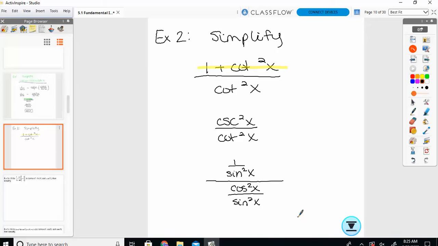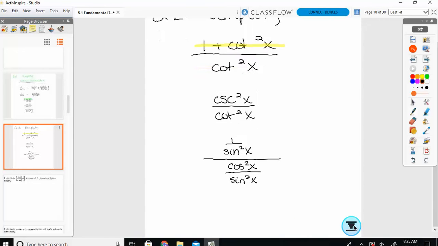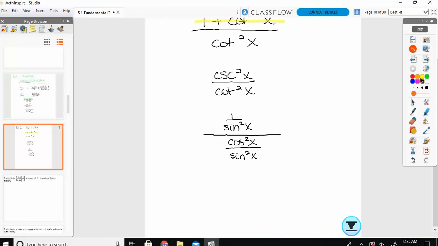All right, so we have a fraction and a fraction here, which is pretty ugly. And we have a couple options. We can flip and multiply to get rid of it. Another option, what's the denominator for both of these? In a fraction, as long as you multiply both the top and the bottom by the same thing, that's a legal move. So if I wanted to cancel the denominators, I could just multiply the top and the bottom of this fraction both by sine squared x.